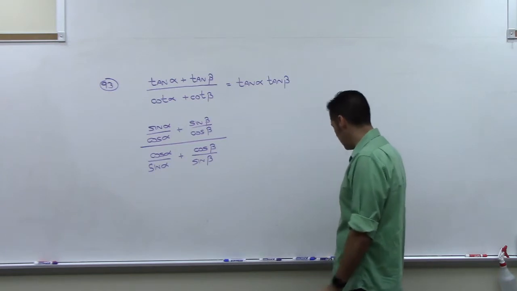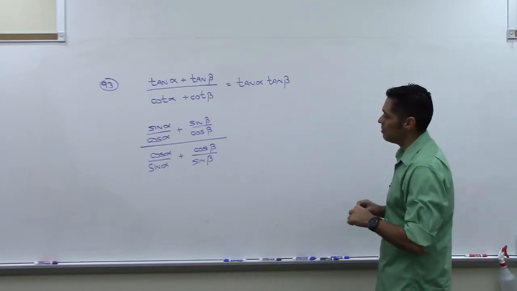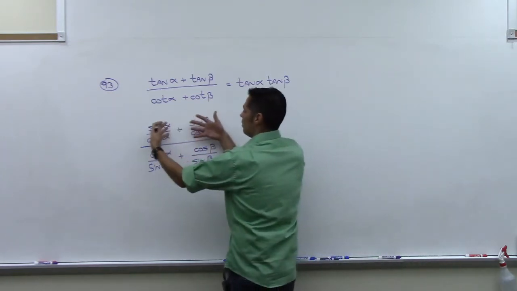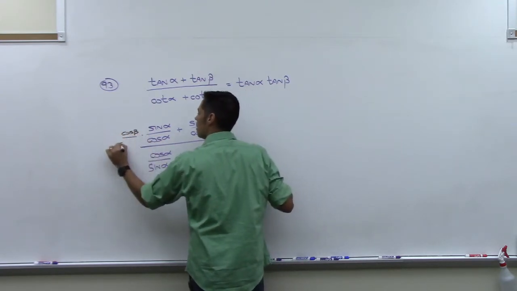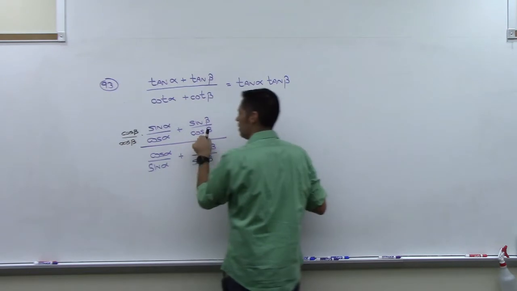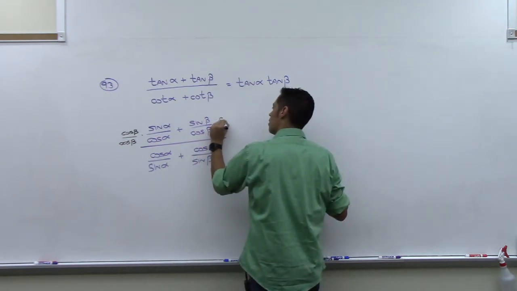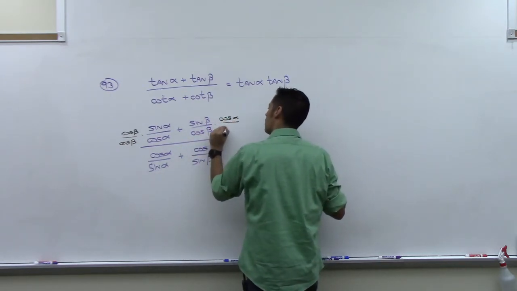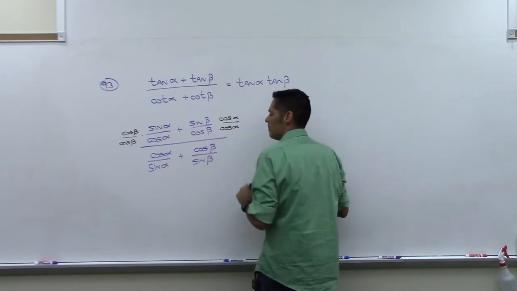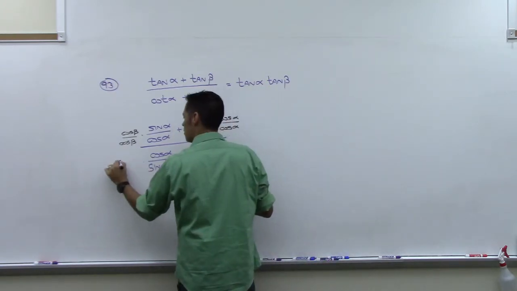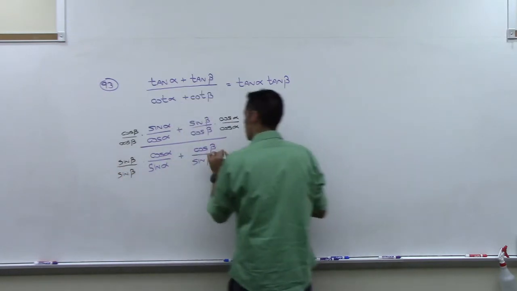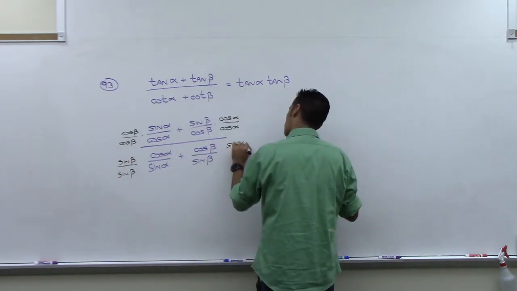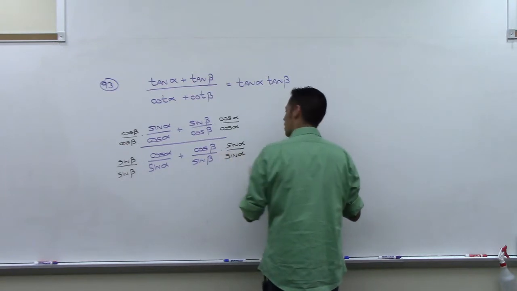And I guess I need some common denominators here. So if I want to put these two together, I've got to introduce cosine beta over cosine beta, that's this. On this one, I've got to introduce cosine alpha over cosine alpha. And then on this one, I need to introduce sine beta over sine beta. And on this one, I've got to introduce sine alpha over sine alpha.